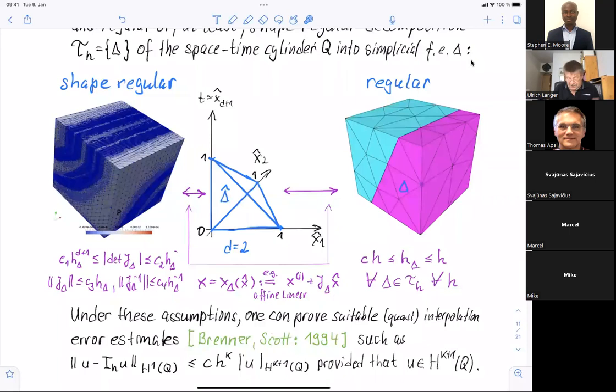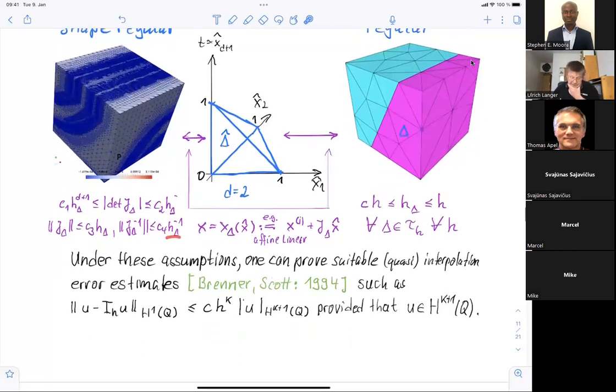The same is true for nonlinear mappings. So this is a regular decomposition, sometimes called quasi-uniform: all the local mesh sizes h_tau can be bounded by a global one from above and below. From above you can use a maximum, and here you have a local quantity.